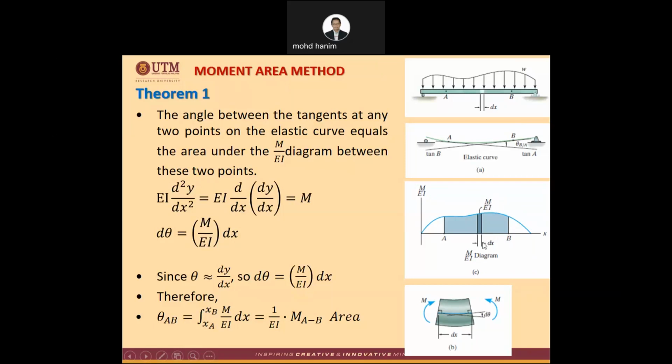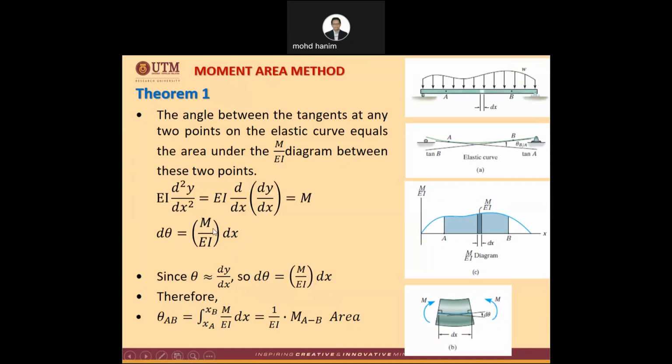So M over EI times dx is the area. And the theorem said the area is equal to the tangent d theta. So the mathematical expression of this area is integration.